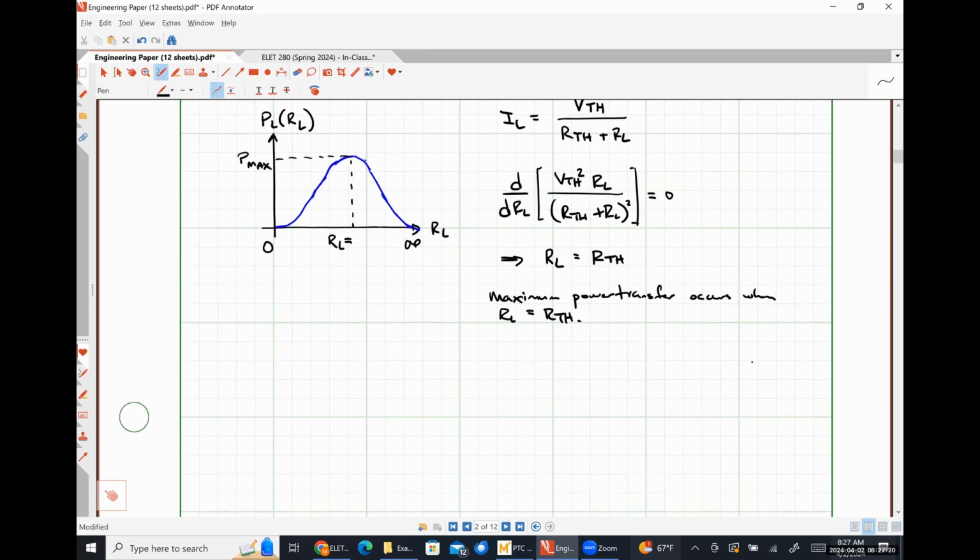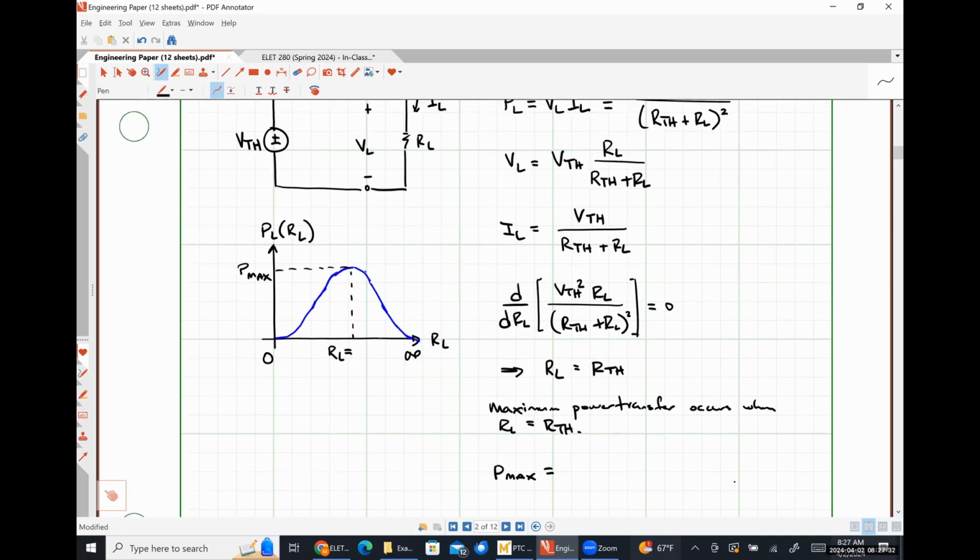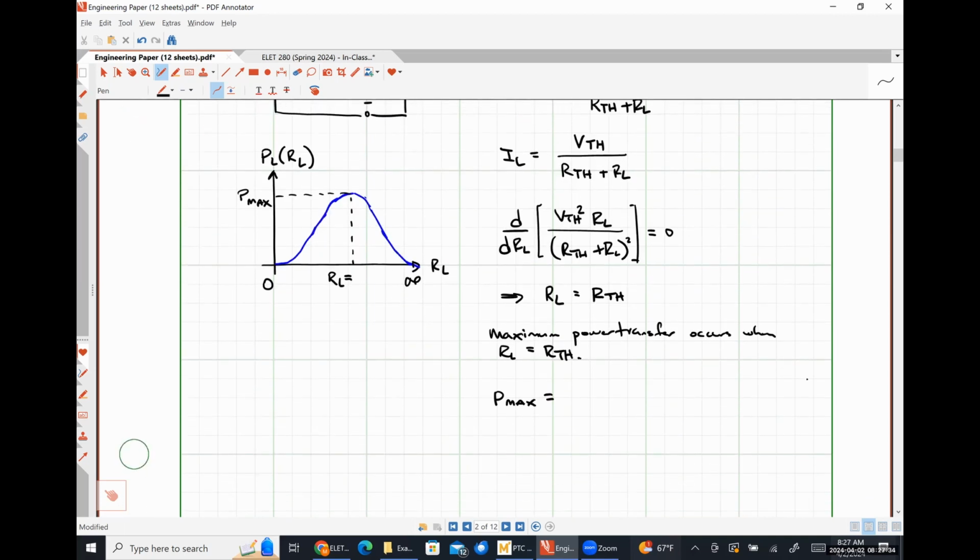If we allow RL to be equal to RTH and plug that into our power equation, what we're going to wind up getting is that our maximum power in a DC circuit is simply the Thevenin voltage squared divided by the Thevenin resistance, multiplied by a factor of 1/4.